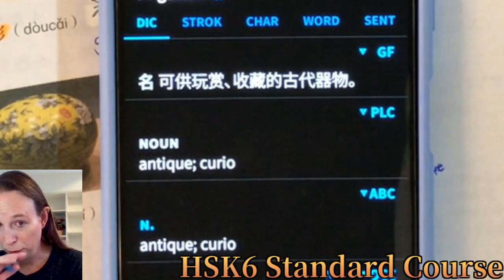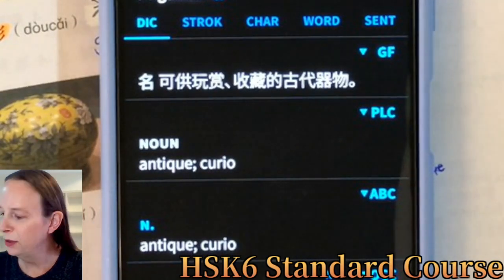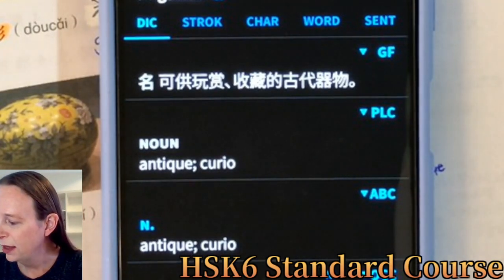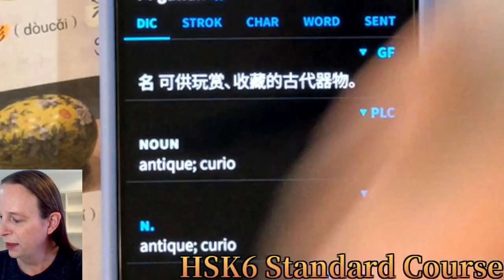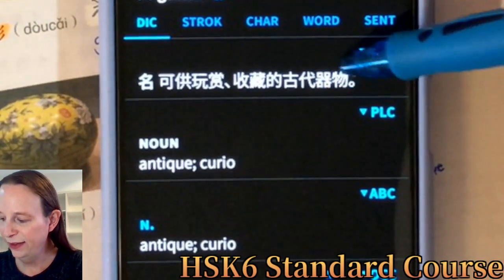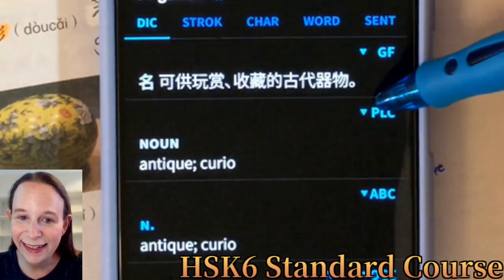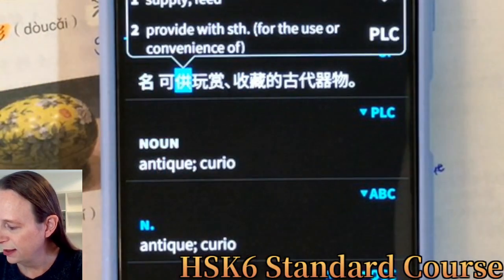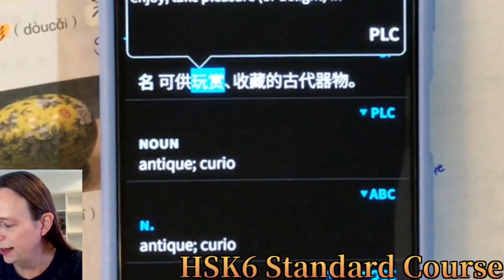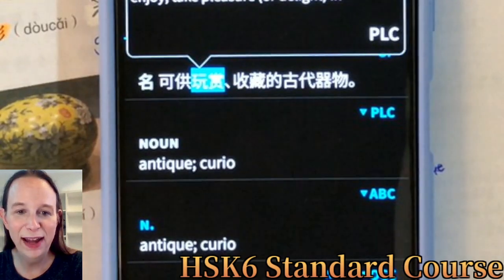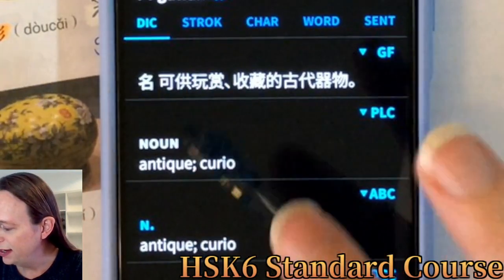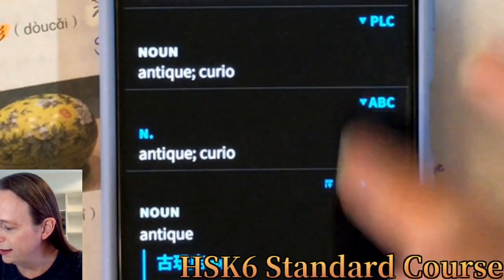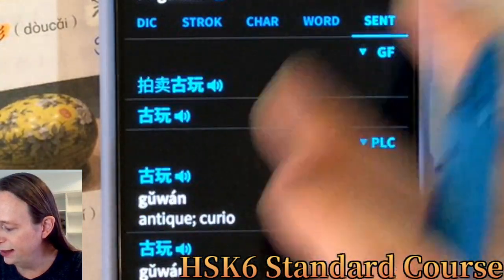Okay, 不好意思. 可供玩赏收藏的古代武器. So it is an antique. What does this mean? 玩赏. Yeah, able to provide pleasure. An antique that provides pleasure. 古玩店.